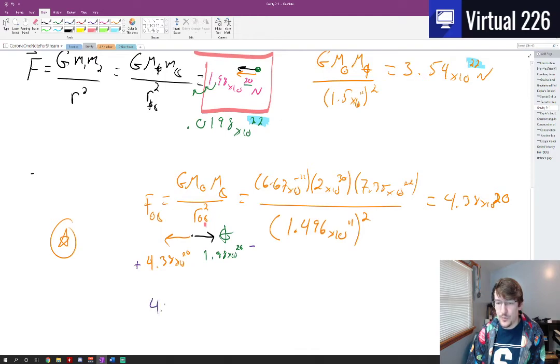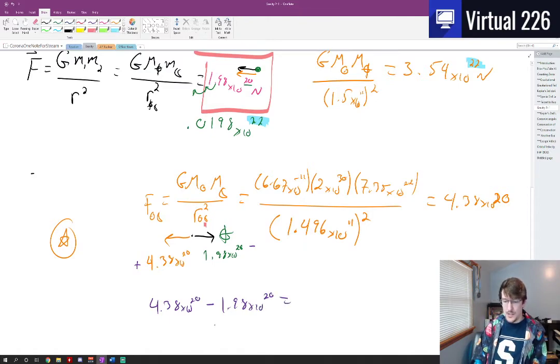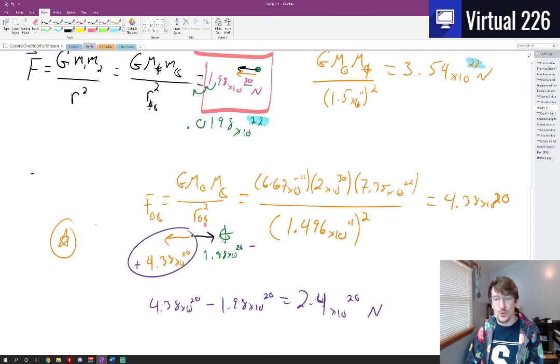So we have 4.38 times 10 to the 20 minus 1.98 times 10 to the 20. Since they're both times 10 to the 20, we can just do the numbers. So 4.38 minus 1.98 gives us 2.4. And then we plug in the times 10 to the 20 again, so 2.4 times 10 to the 20 newtons. And since that's a positive number, it's going in the positive direction, or towards the sun.